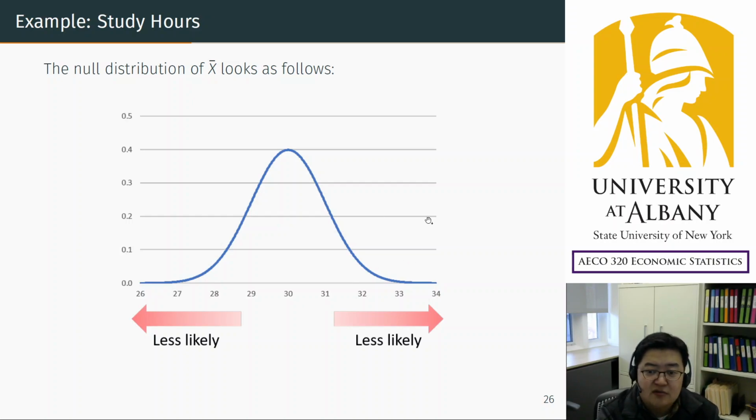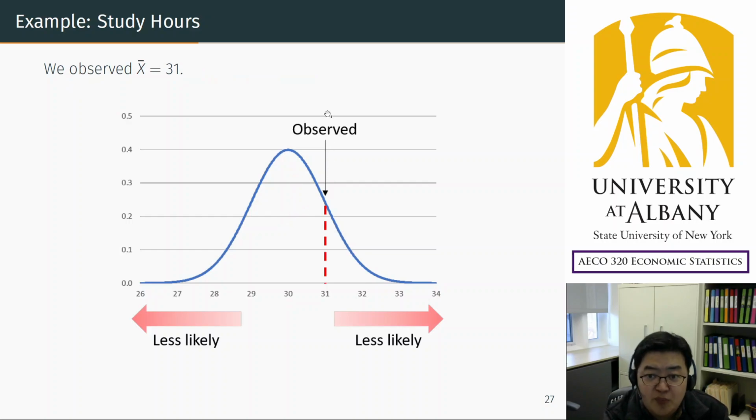That means now, suppose that I observe, by the way, so far I do not use the observed sample average. The distribution is coming from the null hypothesis. Remember, it is centered around 30. But we observe now, here the observation kicks in, and the observation is at 31.